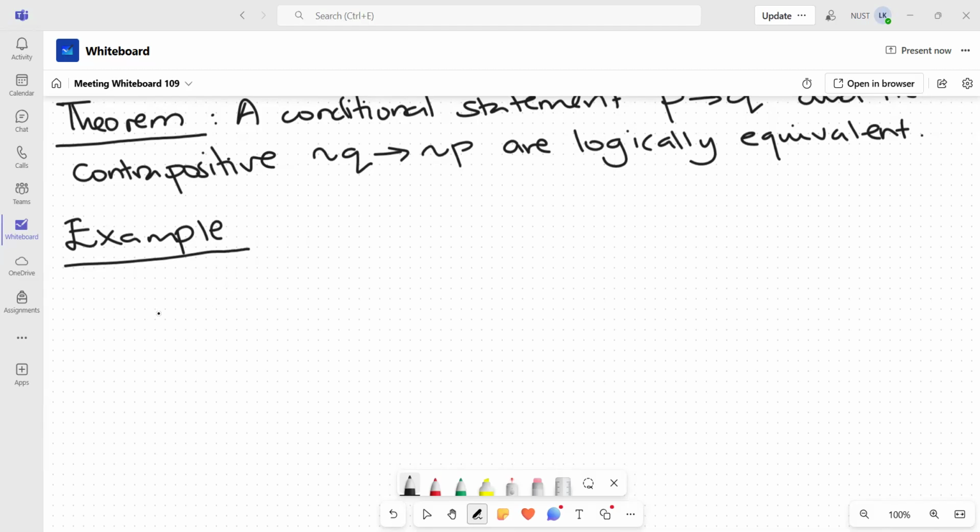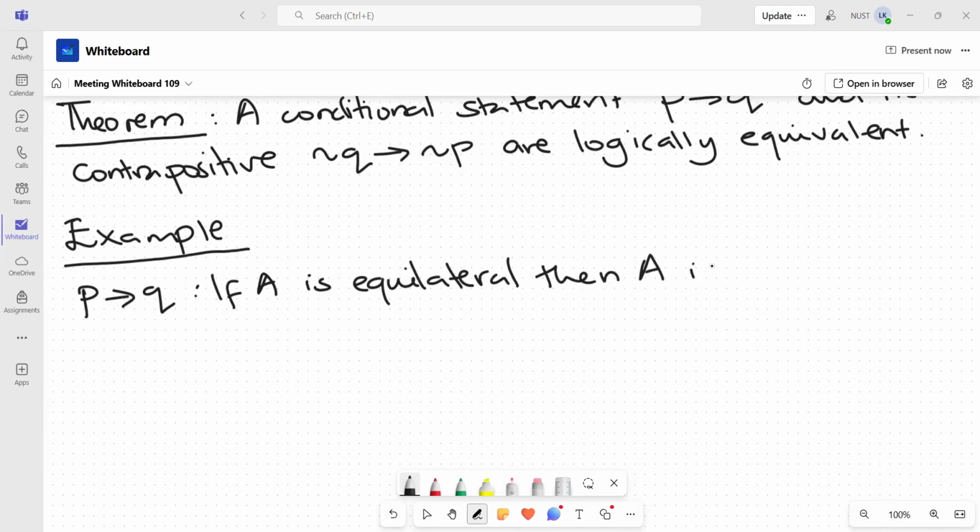Okay, so another example of this. We consider these statements. We have a statement P implies Q, which says that if A is an equilateral triangle, then A is isosceles.